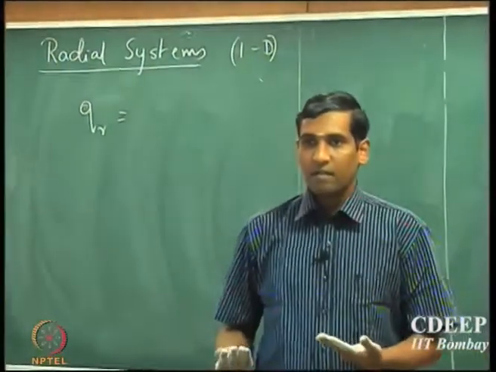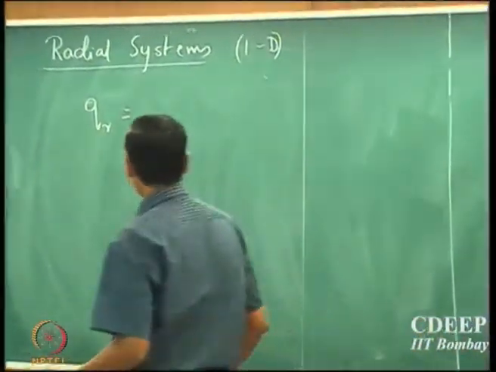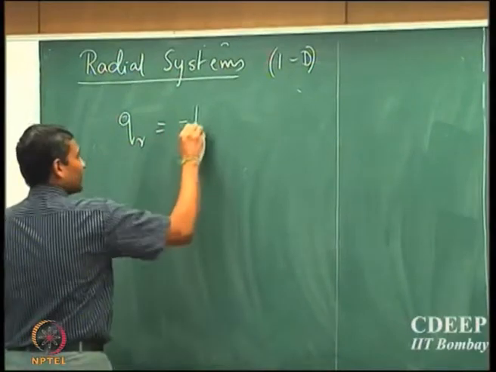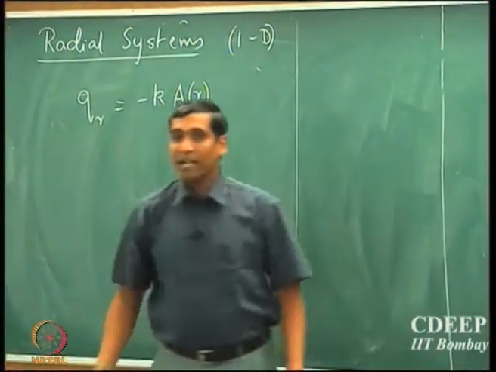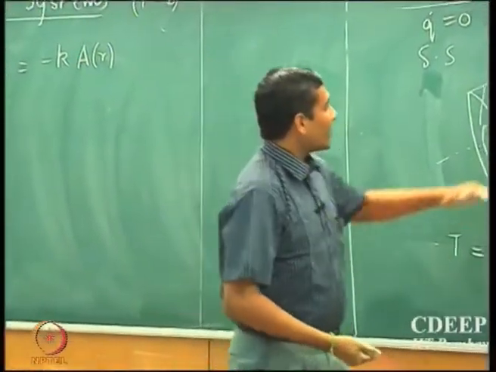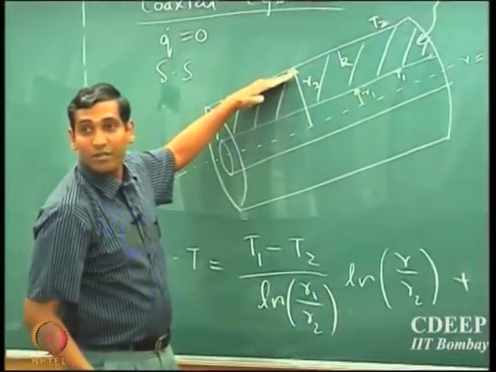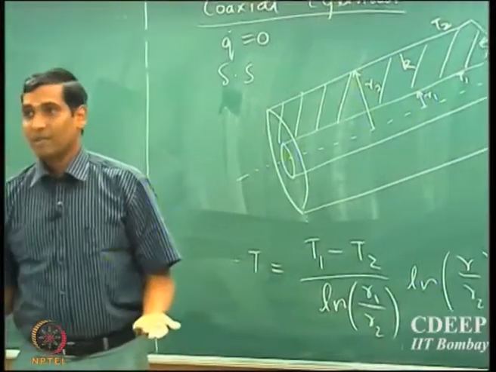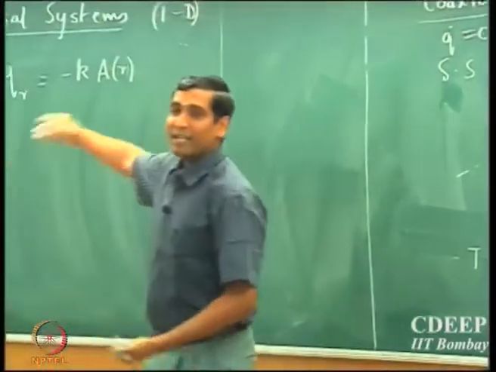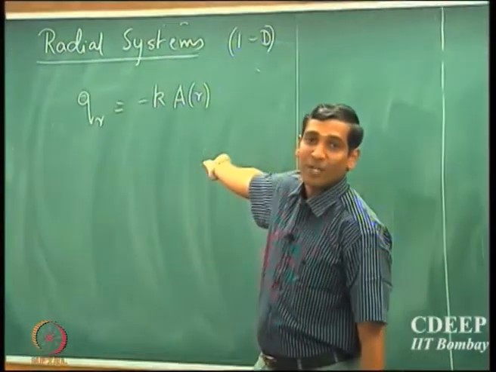Minus K into A into dT by dr. But the catch here is that the area is now a function of the radial position, right? As you go along the radius, the cross sectional area of heat transfer is going to be different.